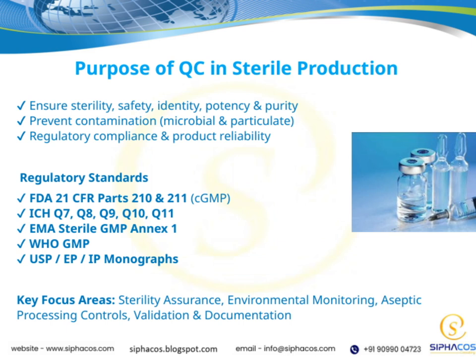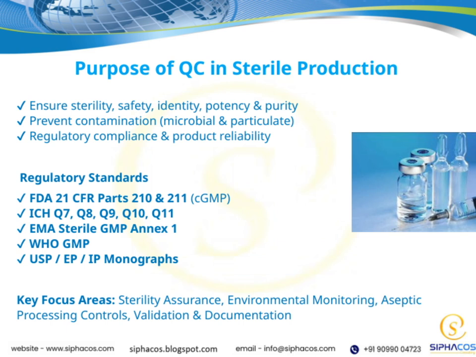Contamination can compromise the product's safety and efficacy, so strict controls are necessary to keep the environment and the products free from these risks. Regulatory compliance is also a major focus. We need to meet various standards and regulations to ensure product reliability.